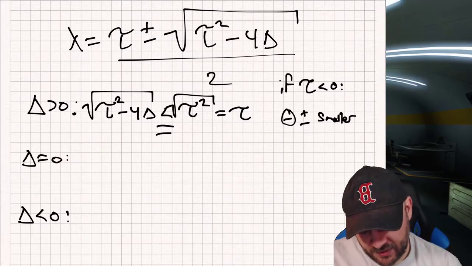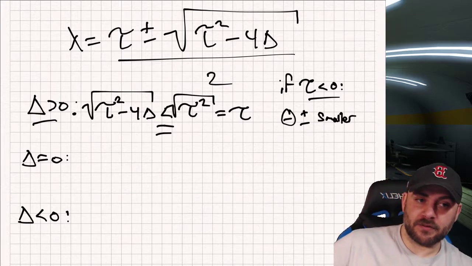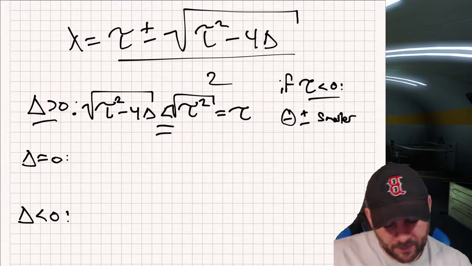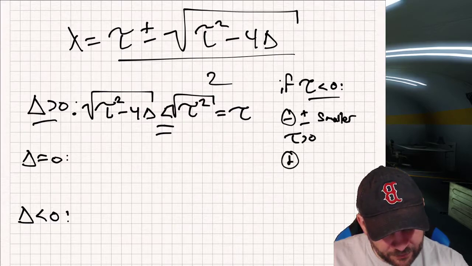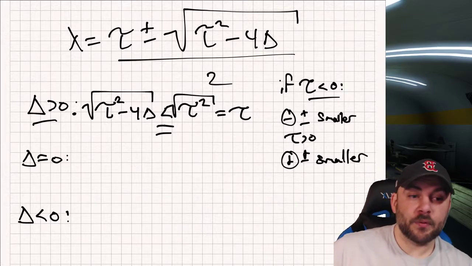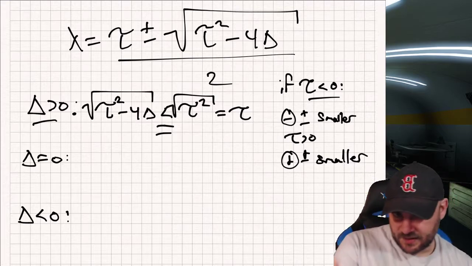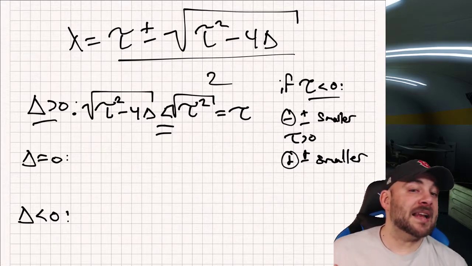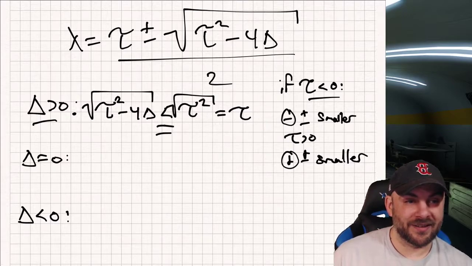So if my determinant is positive and my trace is negative, both of my eigenvalues are negative. But what about when my trace would be positive? Well, I'd still have a positive value plus or minus a number smaller than it, so both are positive.